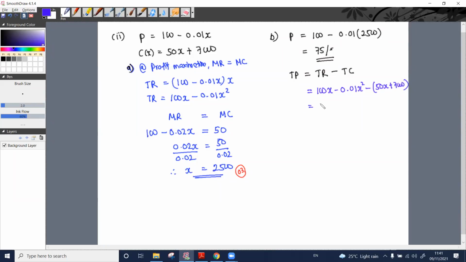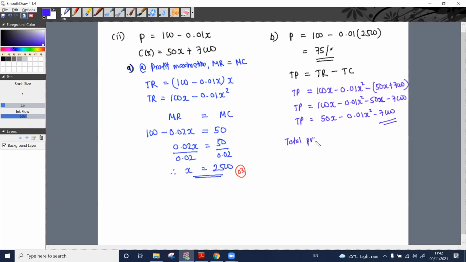We'll simplify this further. 100x minus 0.01x squared minus 50x minus 7,000. So simply it is what? 50x minus 0.01x squared minus 7,000. This is the total profit function.